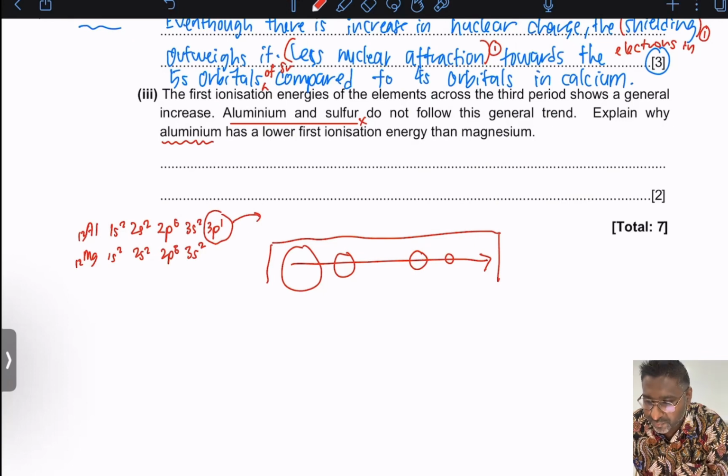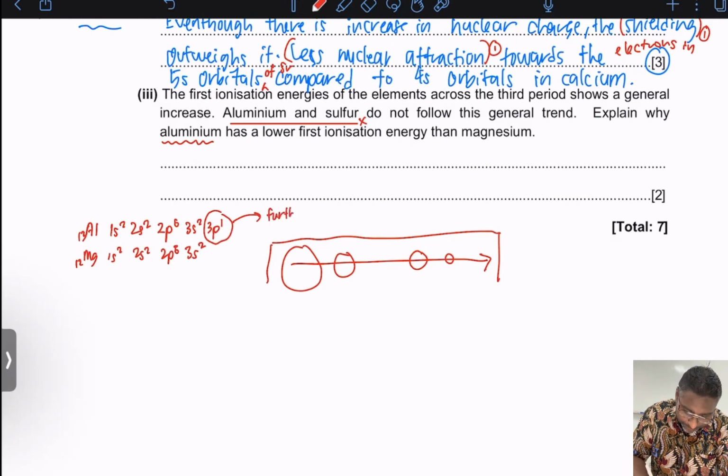You can mention subshell. So it removes the electron from the 3p subshell, and this 3p subshell is further away from the nucleus.